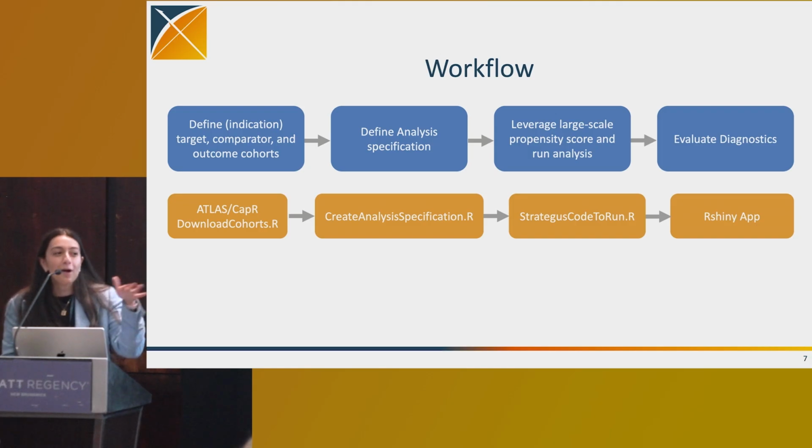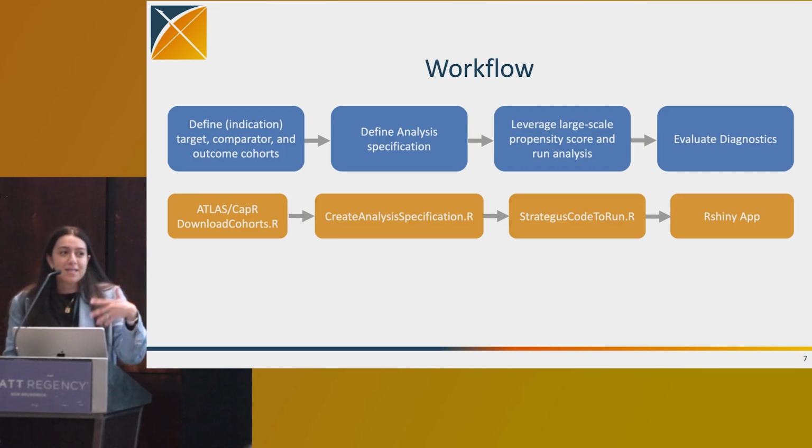We will explicitly encode all of these design decisions that we'll make in that file, and then we'll generate the JSON file that includes everything we need to run the study. The script Strategus code to run is the code we will run. It takes as input the JSON file that we've defined, and it will give us all of the results that we need, including diagnostics. We can take these results then and put them into our Shiny app, which will make it really easy to visualize everything that we've generated and evaluate our diagnostics using the graphics that are generated.